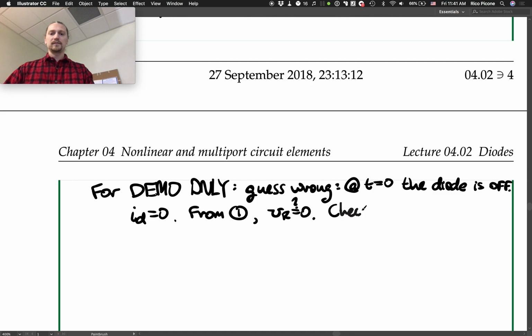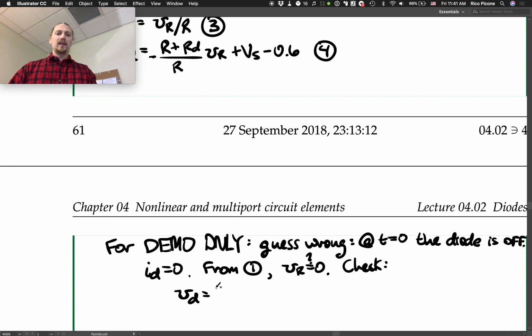Check: VD is equal to 0, because VR is 0, plus VS, so at the initial time, that's 3, right? Cosine of 0 is 1. 1 times 3 is 3. And minus 0.6 volts, which is equal to 2.4 volts, right?